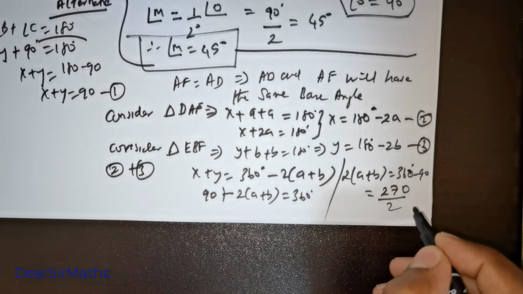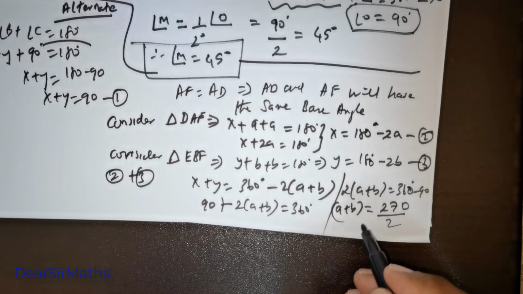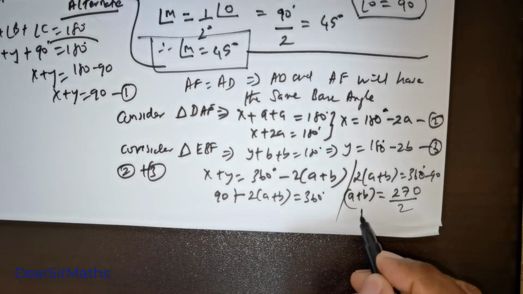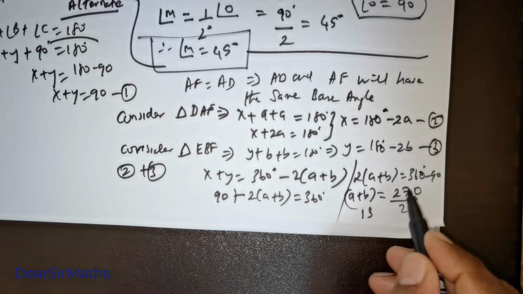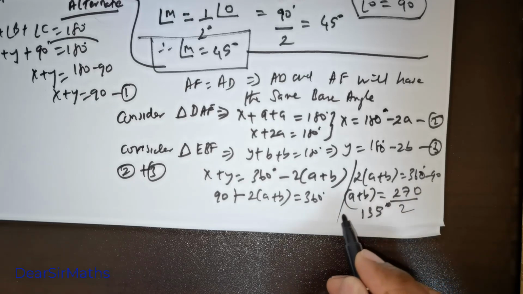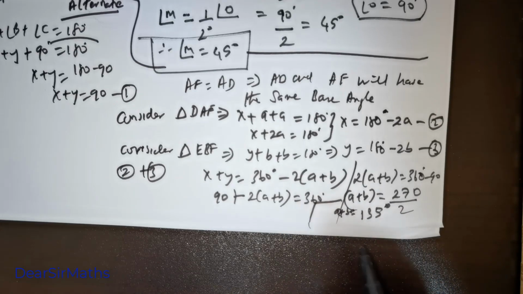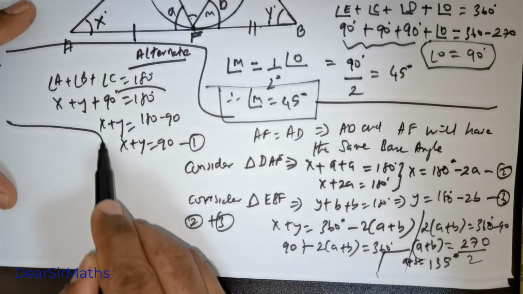You have to divide this by 2 to get a plus b. So what is the value of a plus b? So a plus b is equal to 135 degrees. Right?